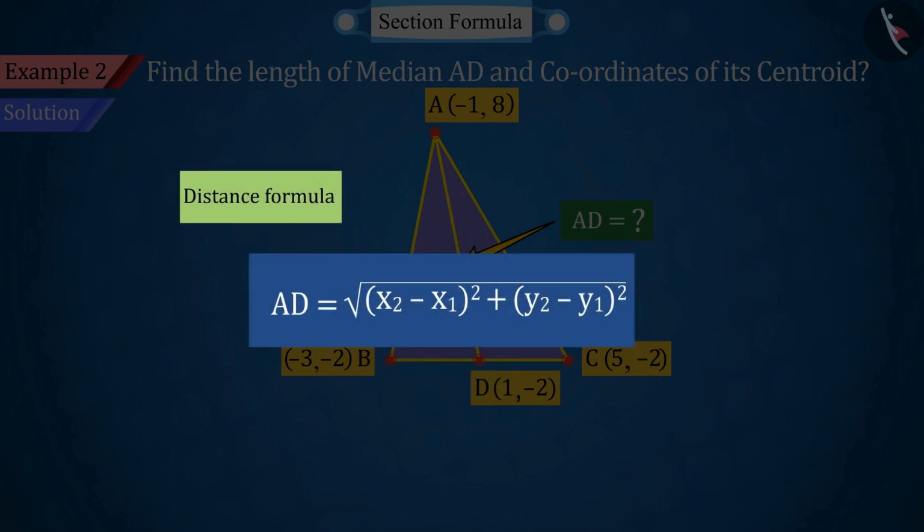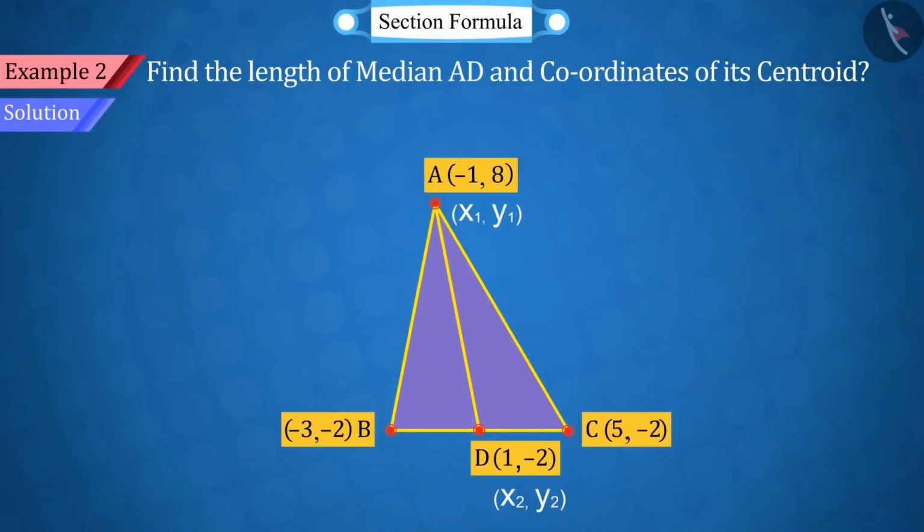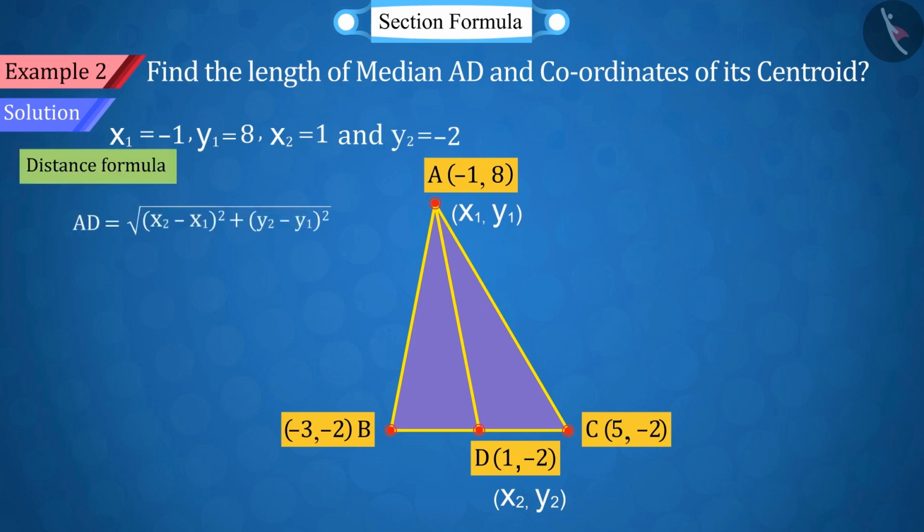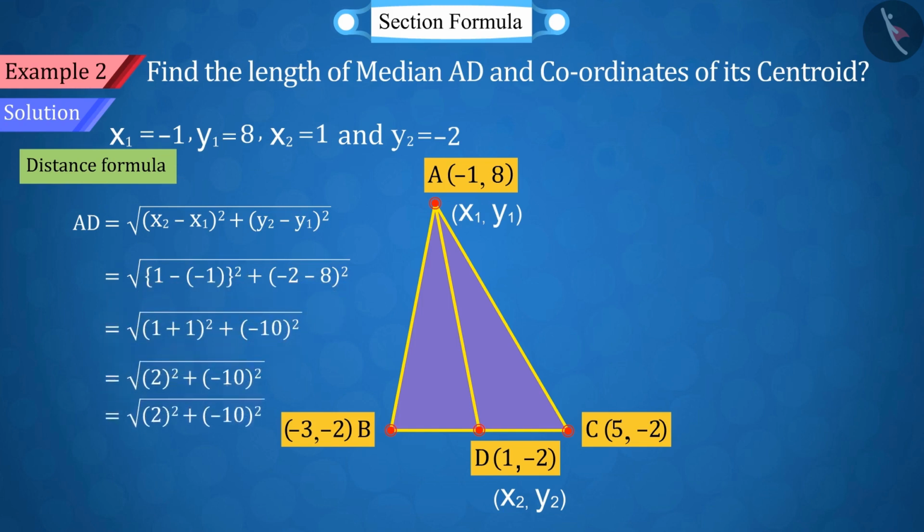Here we use the distance formula between 2 points, where the coordinates of point A are x1 equals -1, y1 equals 8 and point D are x2 equals 1, y2 equals -2. The values are placed in the distance formula, solving which the value of AD is root 104 units.